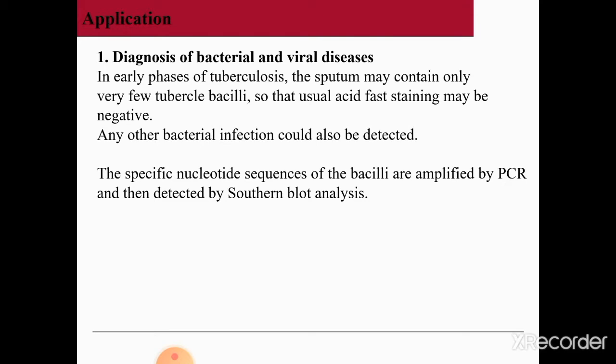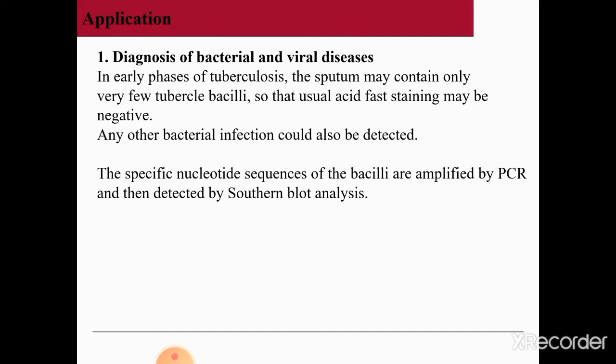Applications of PCR. First one is diagnosis of bacterial and viral diseases. Whether the bacteria are in small quantity or larger quantity, we can identify their presence by using the PCR technique.